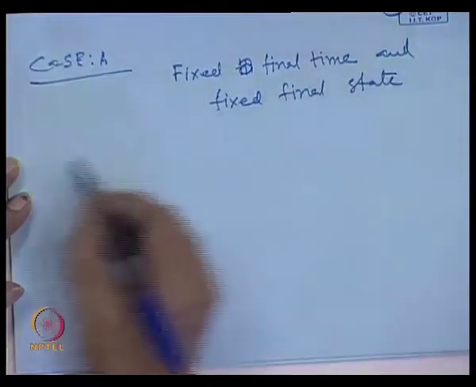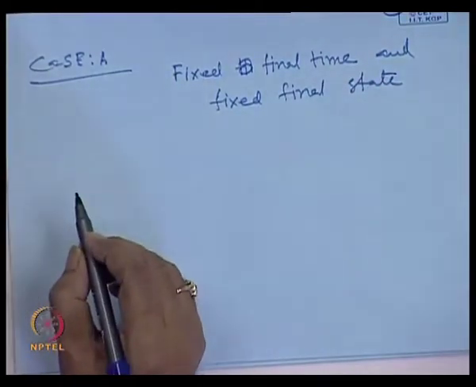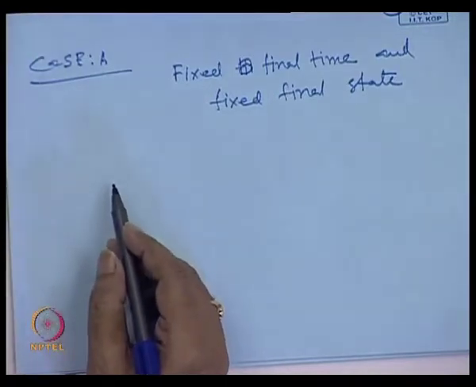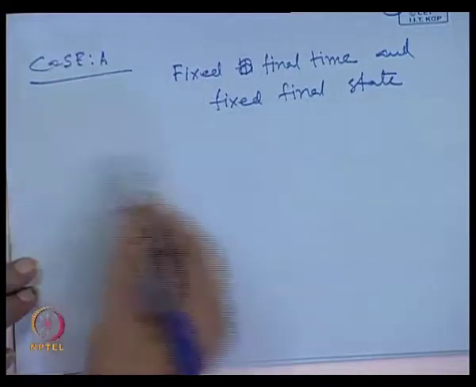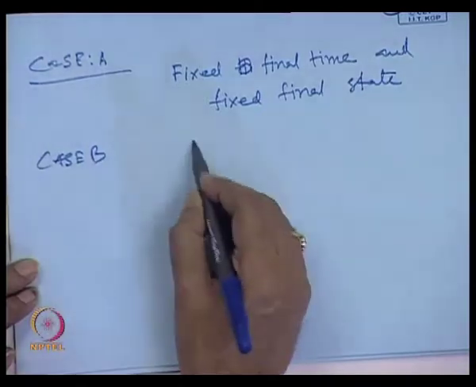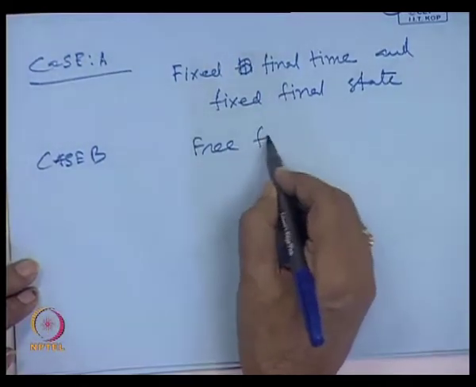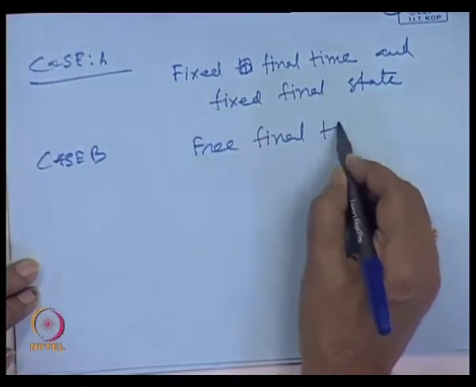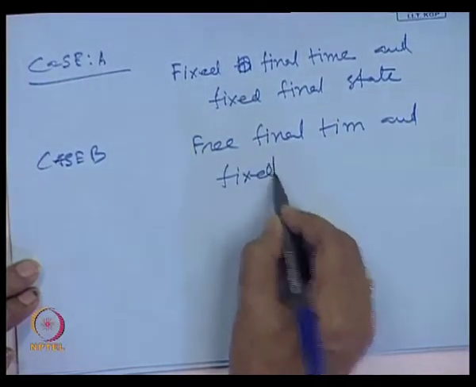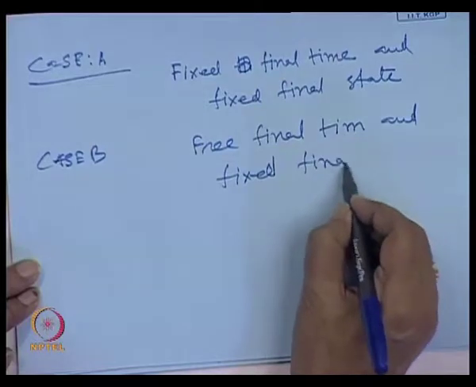Then case B is free final time and fixed final state.